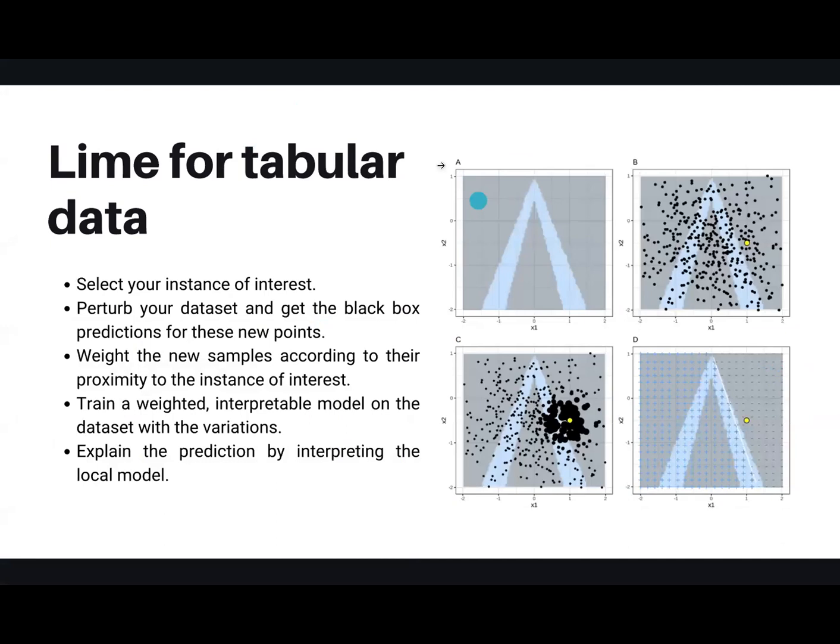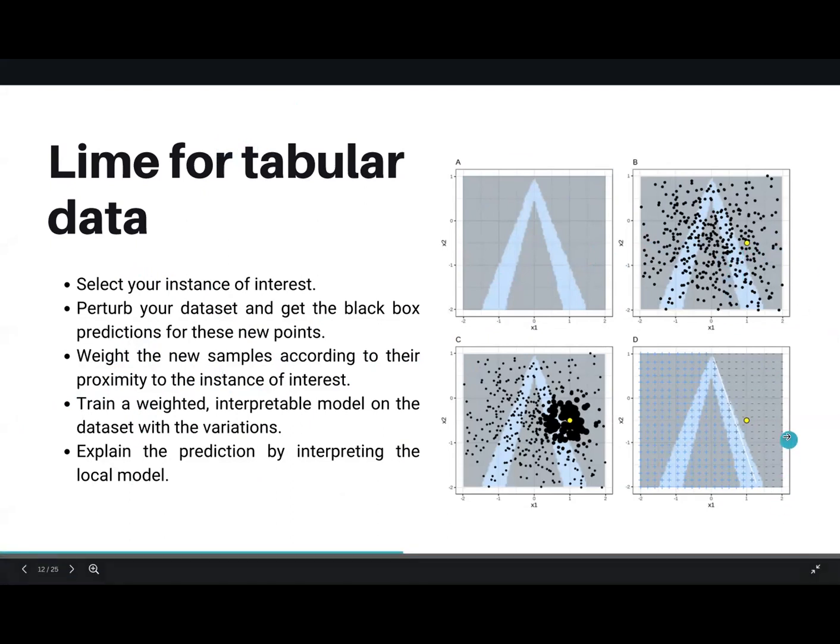So this is LIME. As we said, LIME is a very simple concept. What it does is it takes an instance of interest and it generates some random points all around it, weighs them by their closeness or their similarity or their proximity to the interest point, and trains a weighted interpretable model.